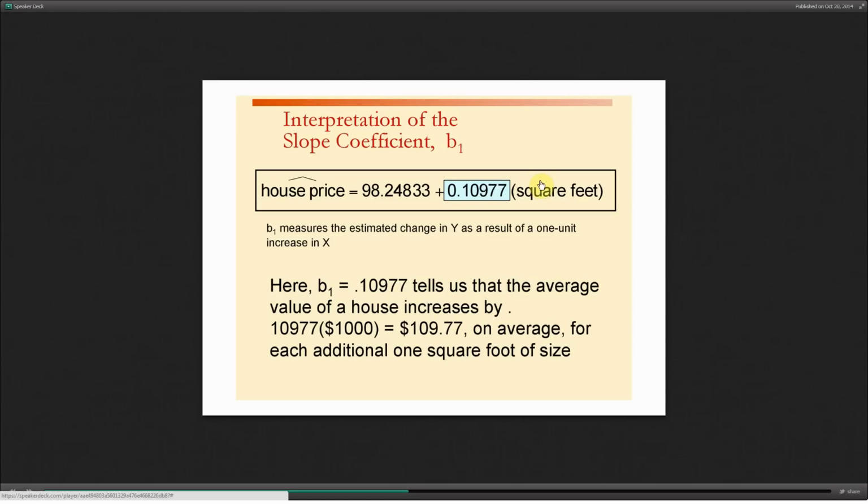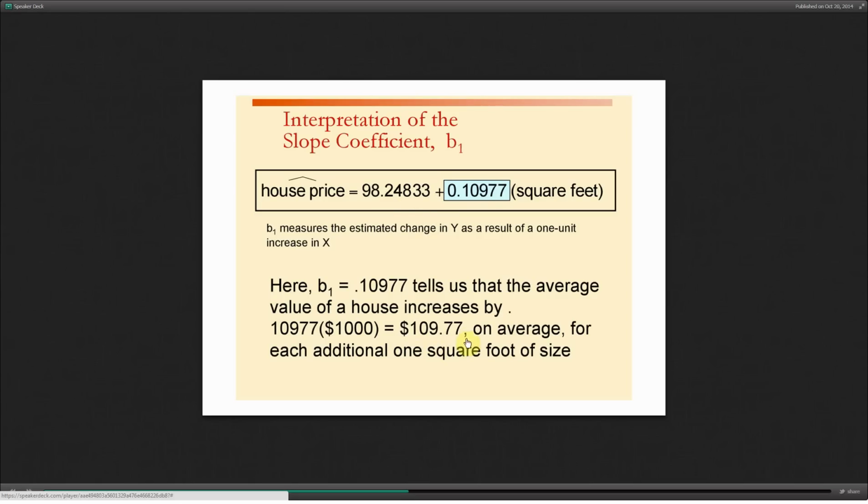So if I increase the square footage by 1, I look at the difference between this square foot and this square foot plus 1, and what's the change in house price? How does the house price change? In other words, if I go the run up by 1 unit, what is the rise, which is going to be the house price here? And you see in this case that again, it's about $110.